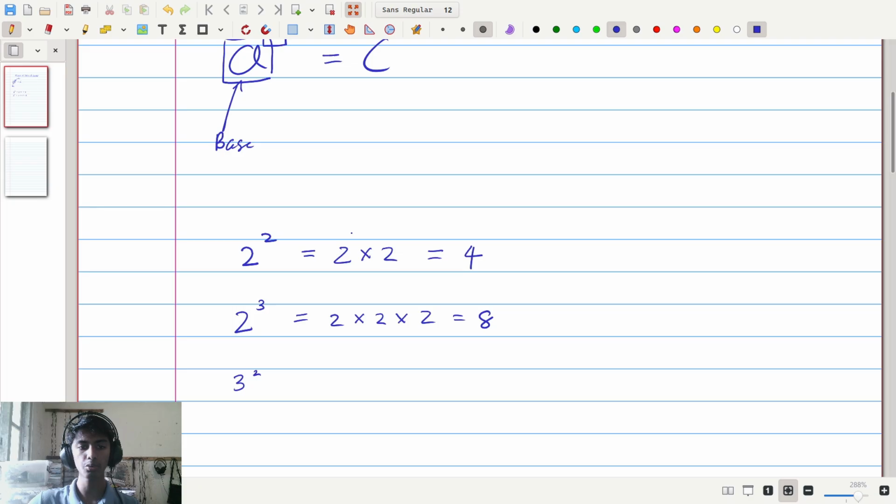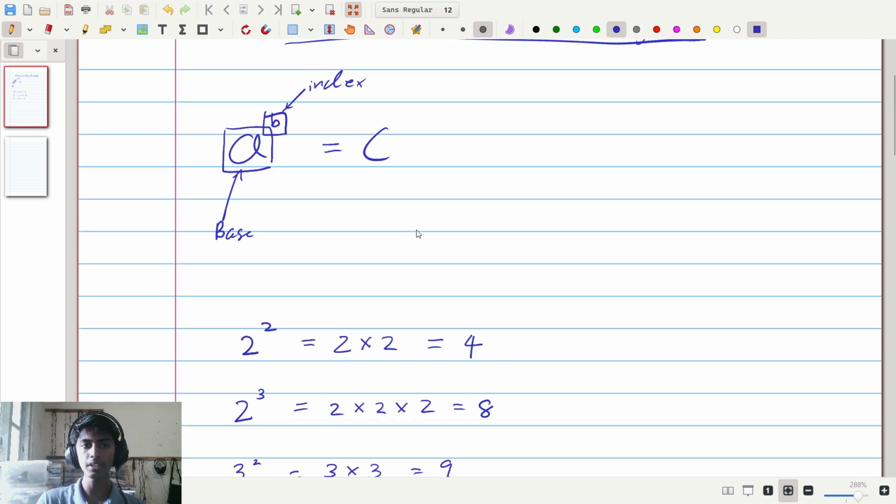If I do 3 squared, I mean multiply 3 by itself 2 times, so we get 3 times 3, which is 9. For integer indexes, it is very easy to understand what we mean by taking the power of one number to another number.